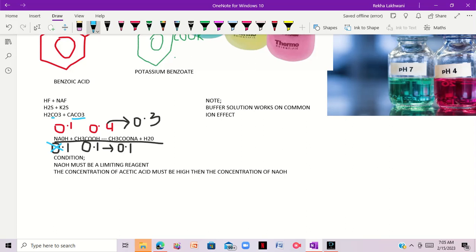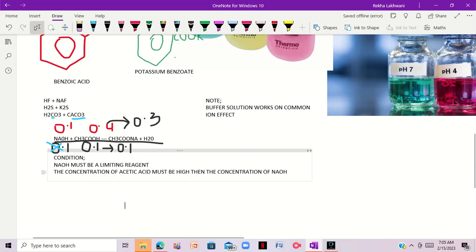Okay, now let's take this example. How is this a buffer solution basically? Let's take a container over here. This is acetic acid basically, right over here.